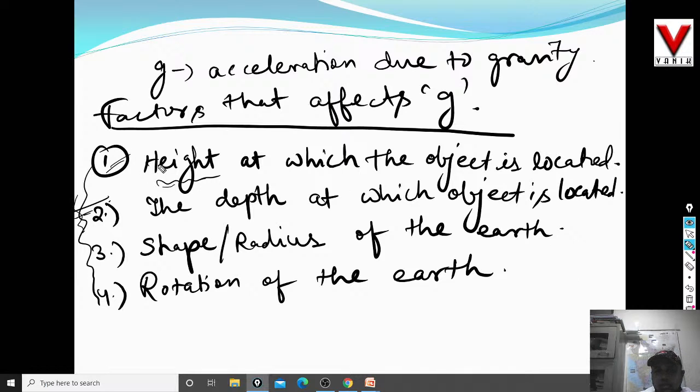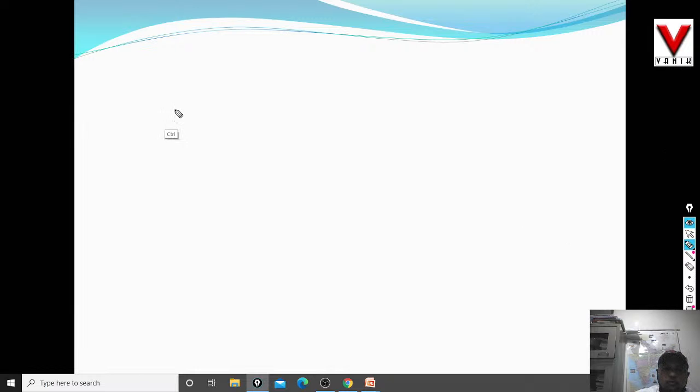So the first factor: how does height affect g? Let us see. Listen, the value of small g is written as capital G M by r square.